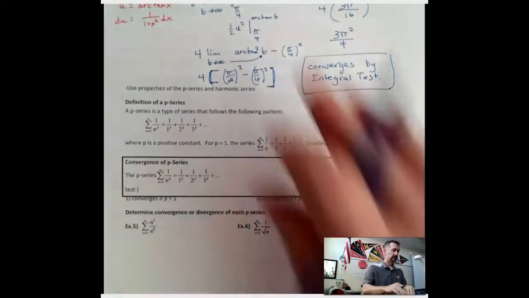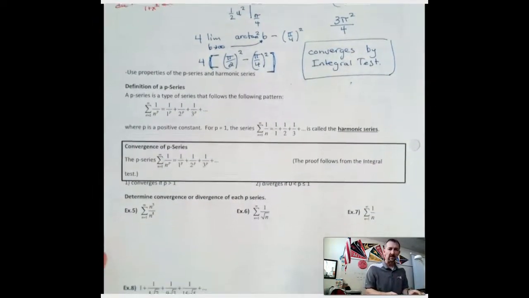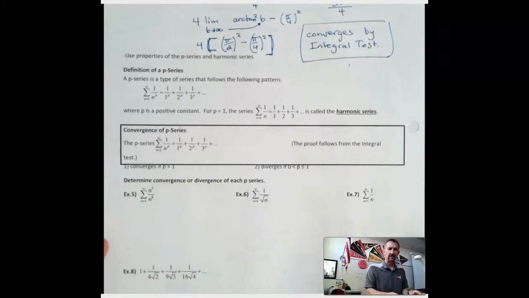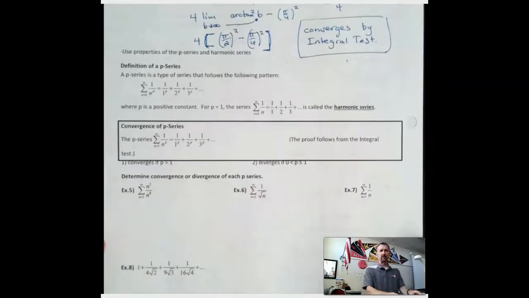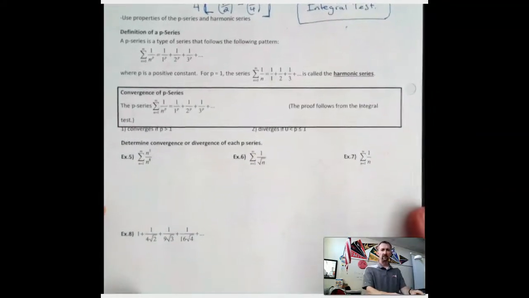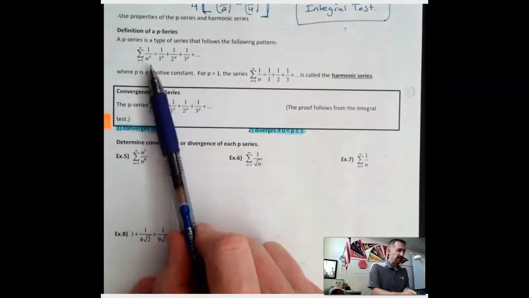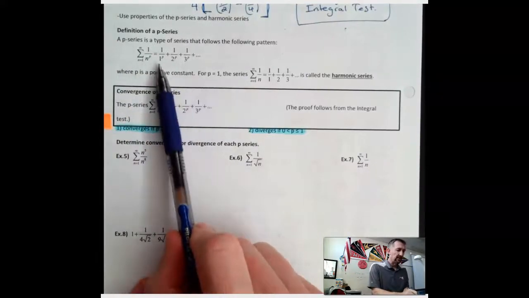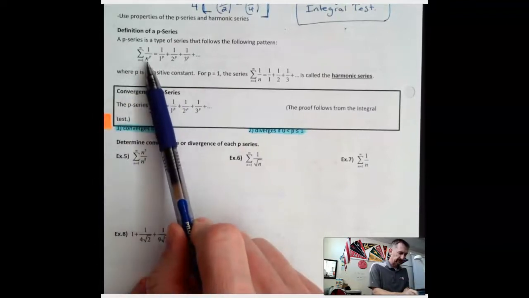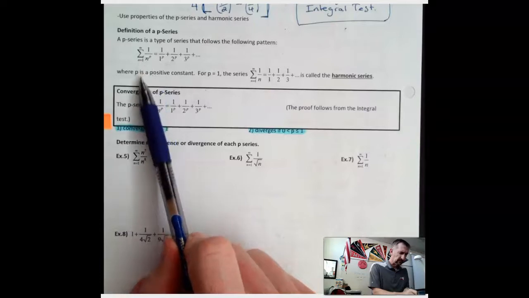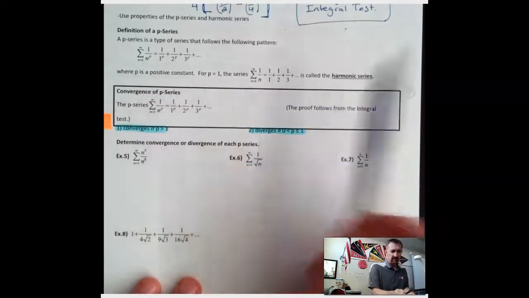Okay, so now we want to look at the p-series test. If we look at that pattern, p-series follows this pattern here, 1 over something raised to the p power. If p equals 1, it's called a harmonic series.